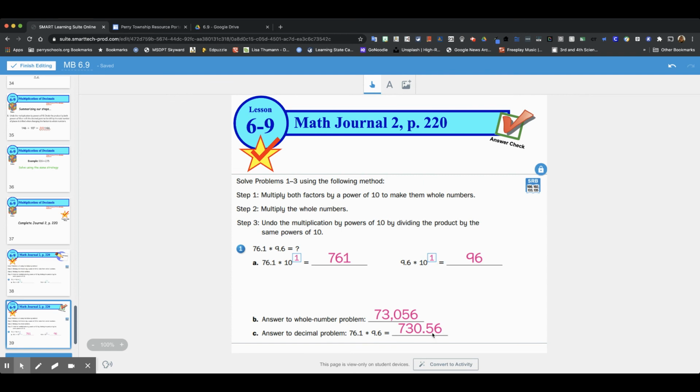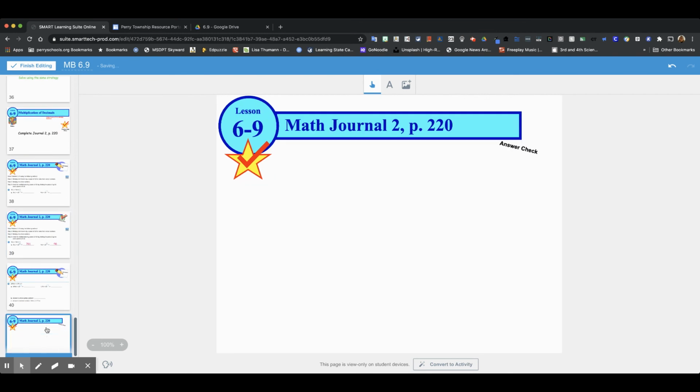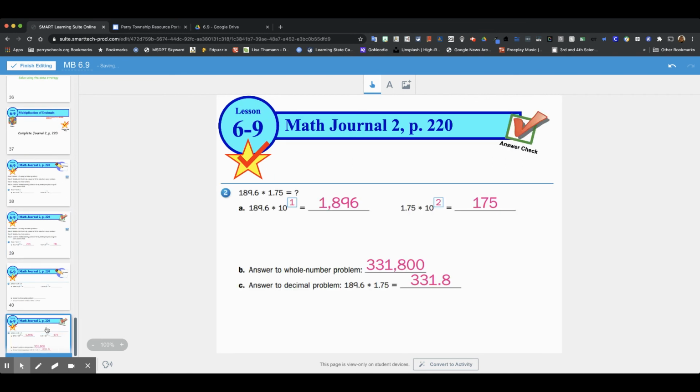So you can see that they move the decimal right here between the 0 and the 5, giving us 730 and 56 hundredths.